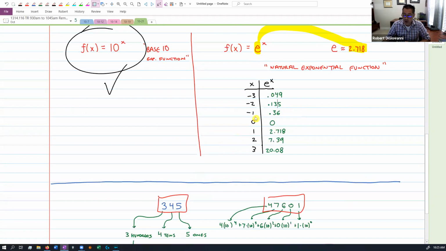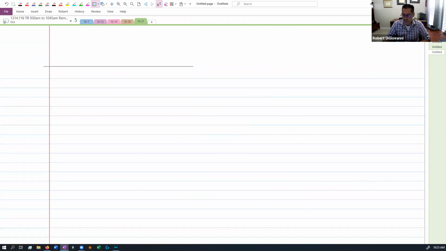All right, we're moving on. We're now going to really switch gears. We're not going to talk about graphs anymore. We're going to talk about where we would see an exponential function in the real world. There is a thing called simple interest.